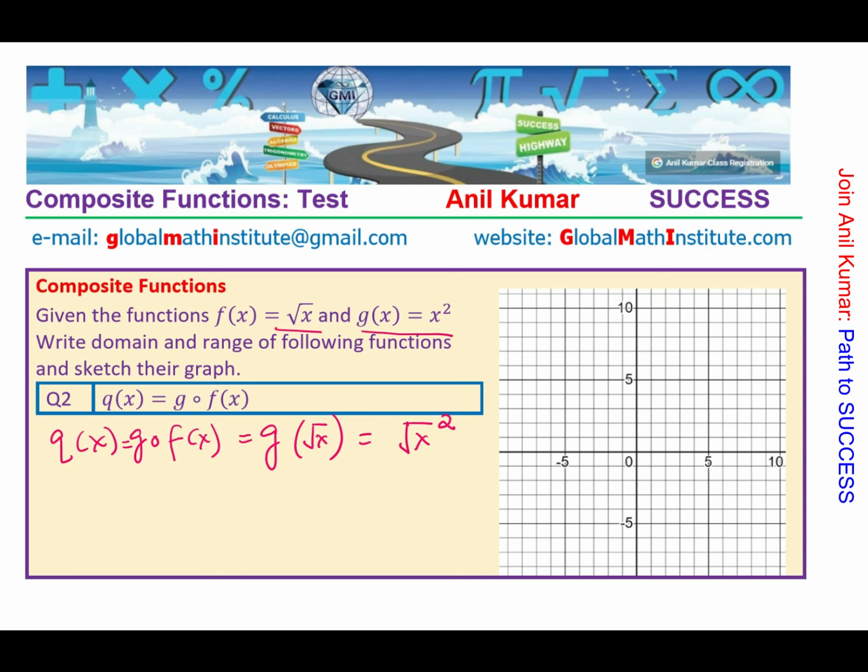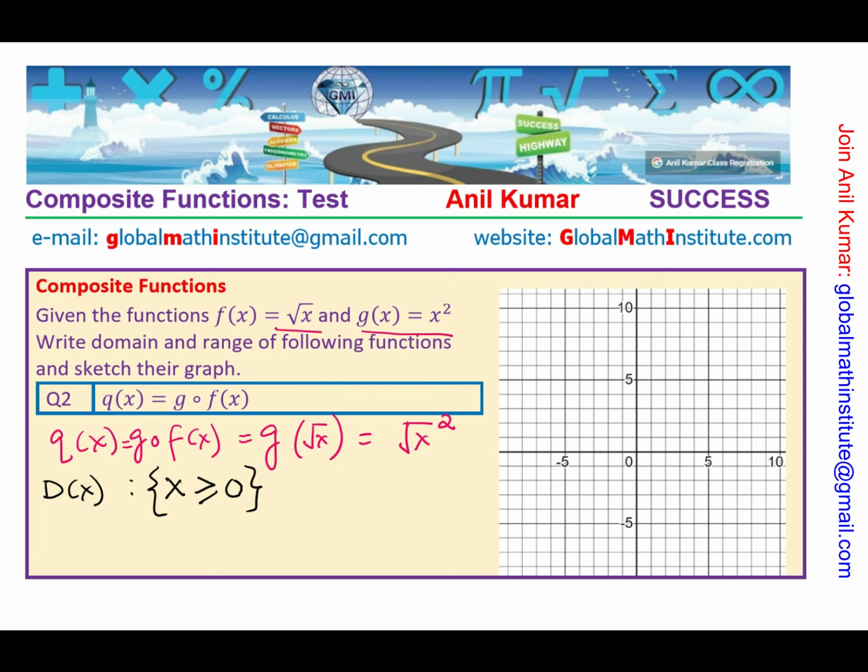So now here, let's look into the domain first, right? So that you understand the difference between question number 2 and question number 1. When we are saying square root of x is the inside function, then the domain is that x values are greater than or equal to 0. You get the whole idea.